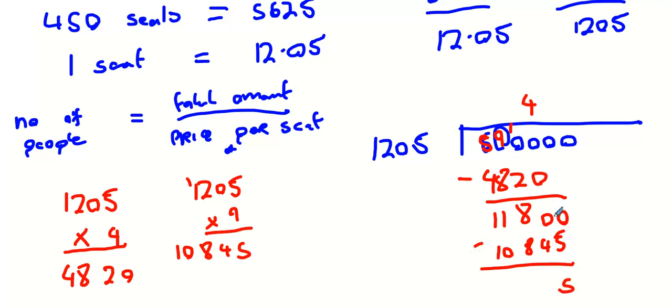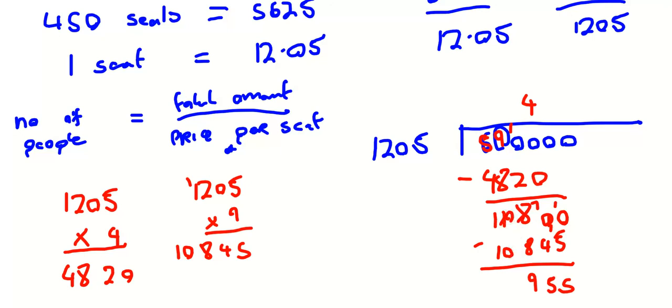We get 5, borrow the 1. So that comes in 9. 9 take away 4 is 5. 8 take away 8. Oh, sorry, we borrowed 1, so it's 7 take away 8 is 9. And then borrow the 1, which is 0.